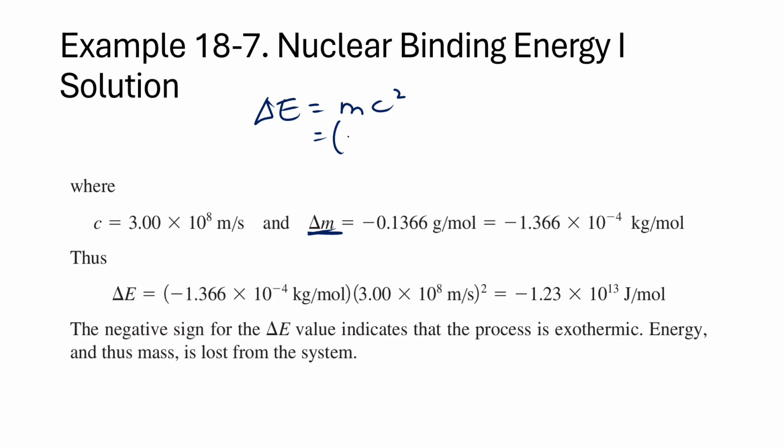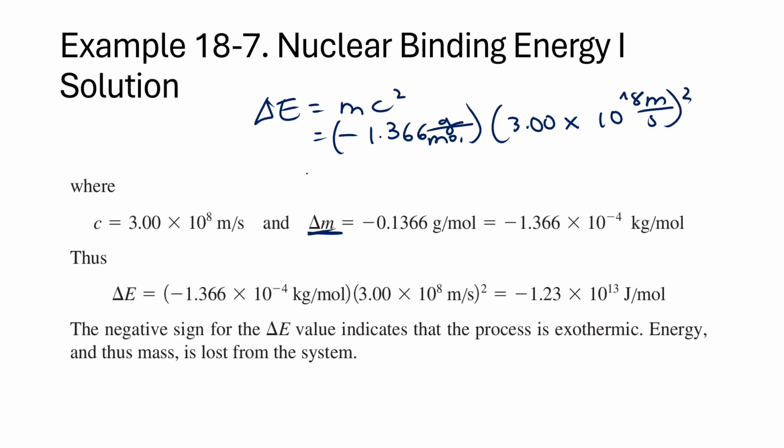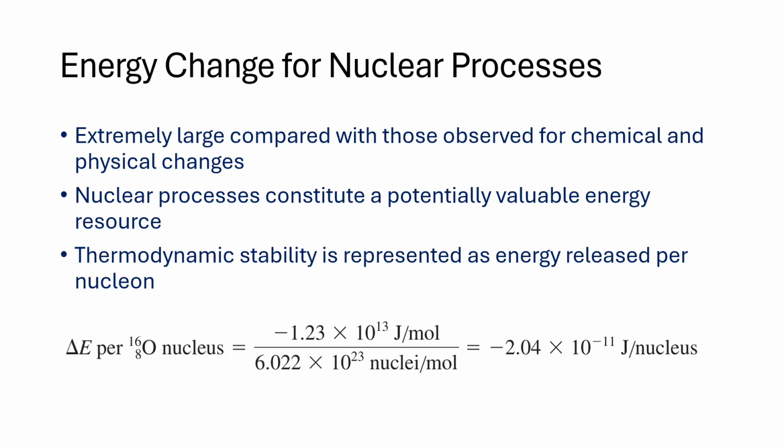You have negative 1.366 grams per mole. That's your mass. c squared is 3.00 times 10 raised to 8 meters per second, squared. And you have negative 1.23 times 10 raised to 13 joules per mole. So notice how it's negative. That means the process is exothermic.